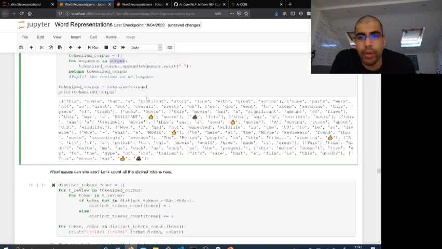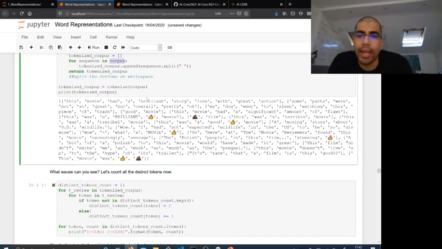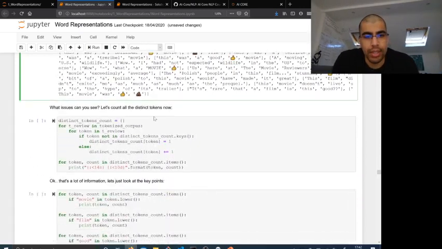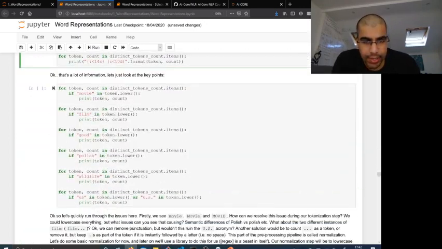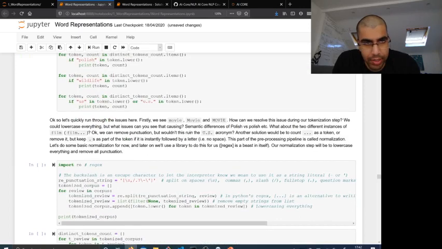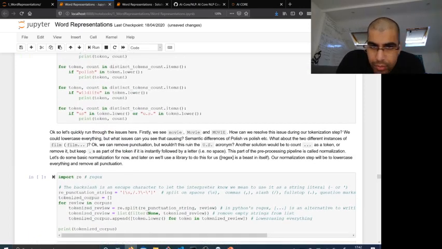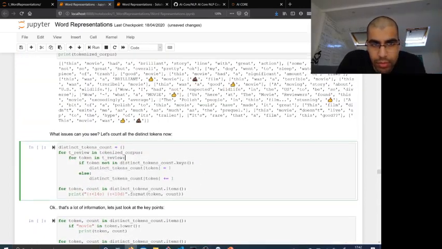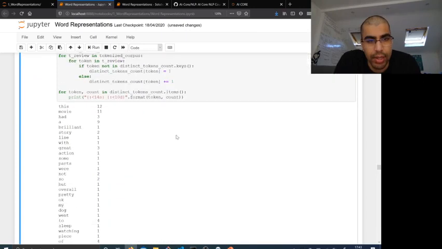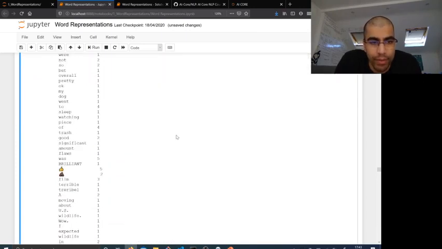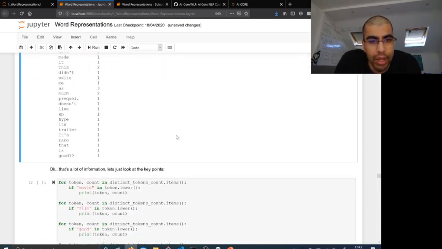Okay, so there are some issues with this. First of all, let's just list all the tokens that we can see, and we can see we actually have quite a large number of tokens.